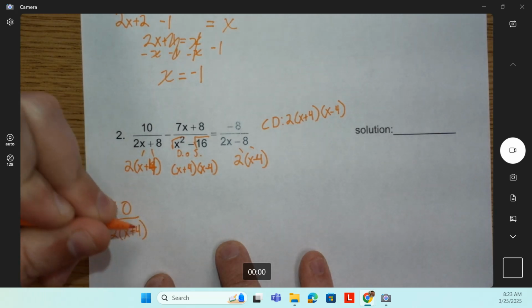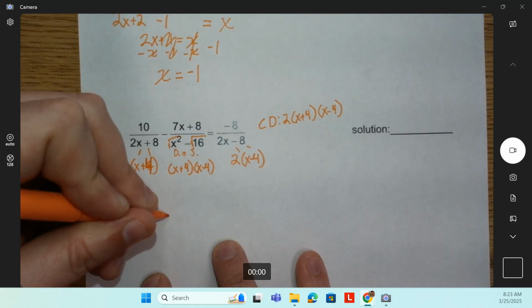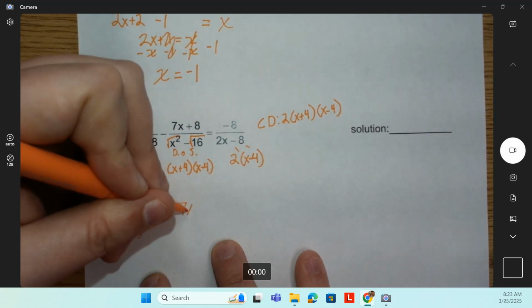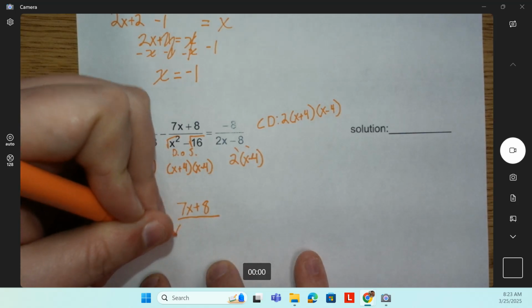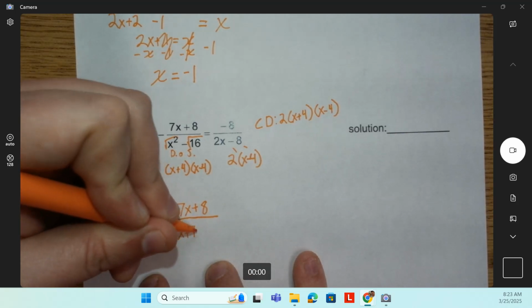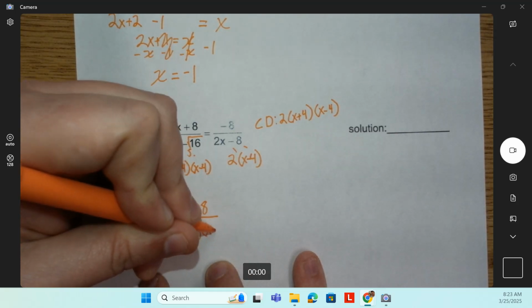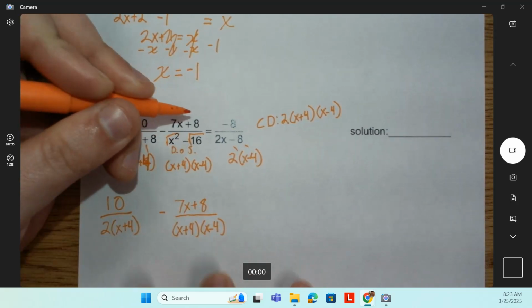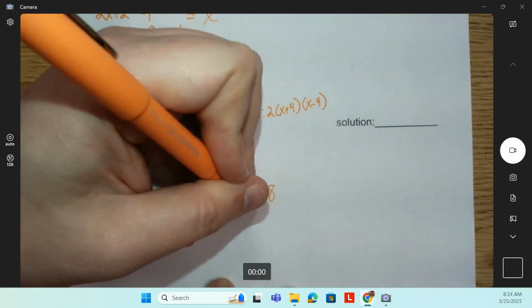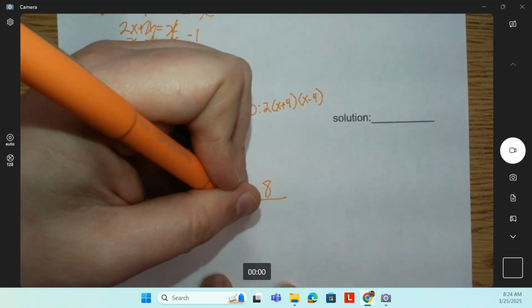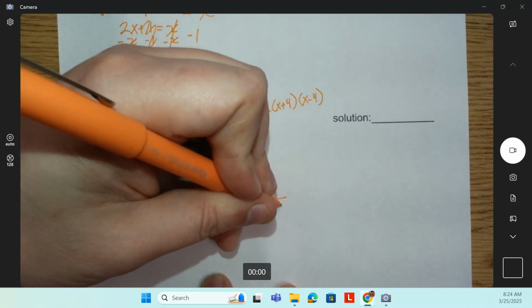We're going to leave them separate. 7x plus 8 over that's going to equal negative 8 over 2 times x minus 4.